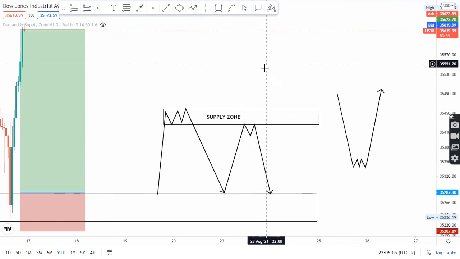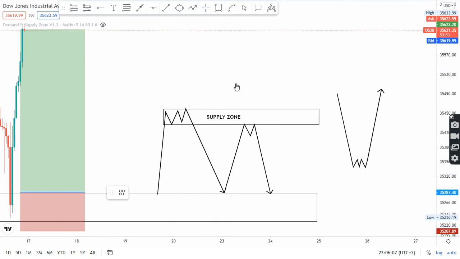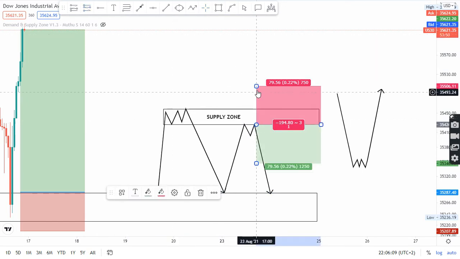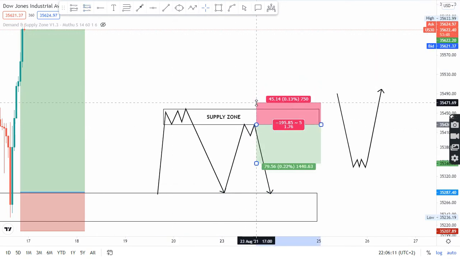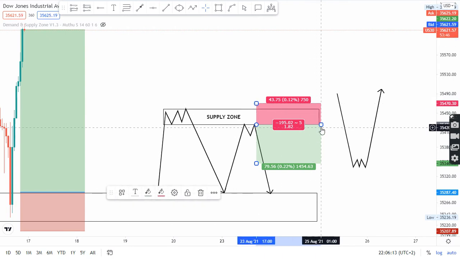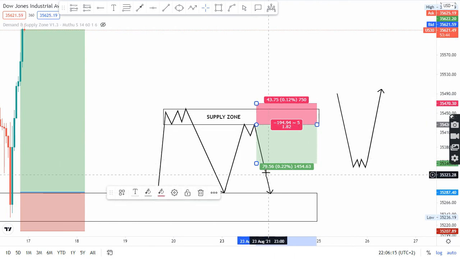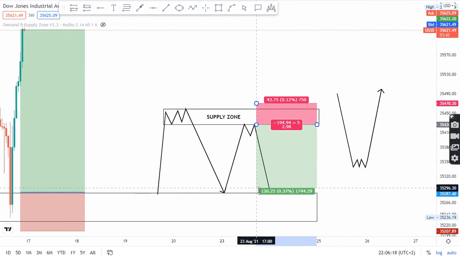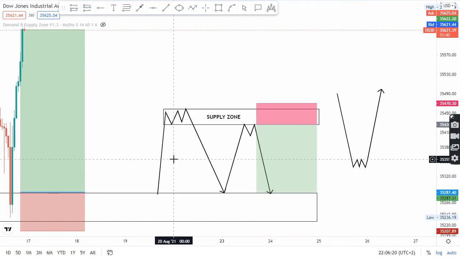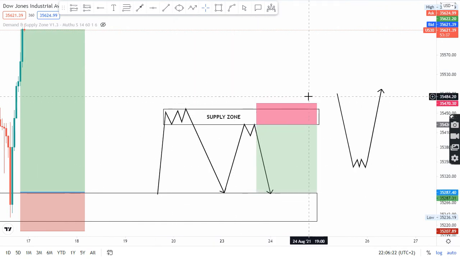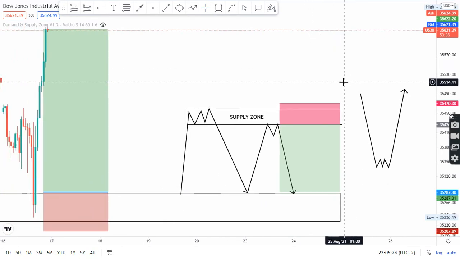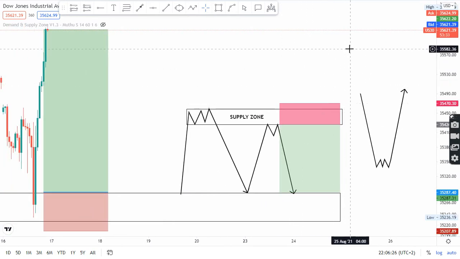At the supply zone. Once you see that, that's your confirmation to sell. Once you do this, just make sure you put your stop loss slightly above supply and your target on the next demand zone. As simple as that. Okay, this is what we call a nice reversal pattern. It's called what?